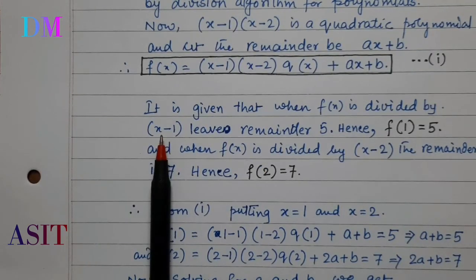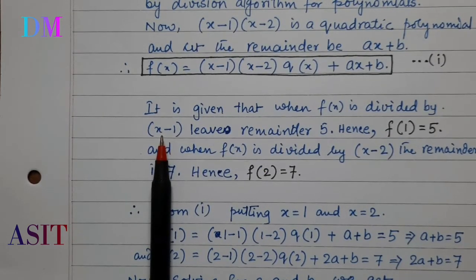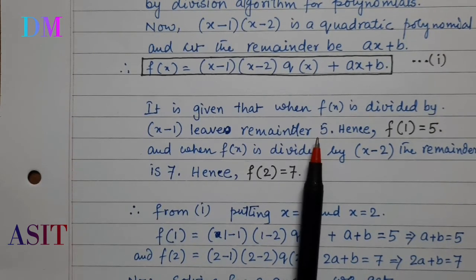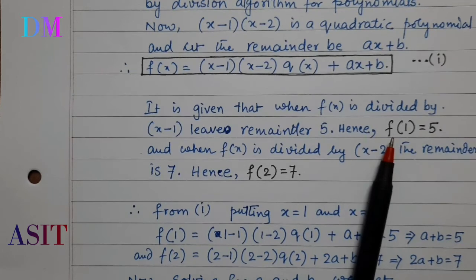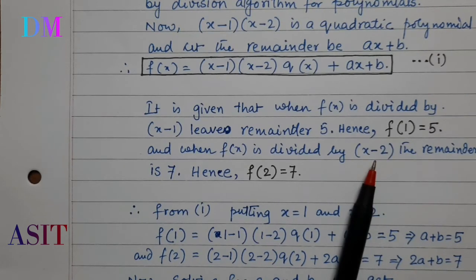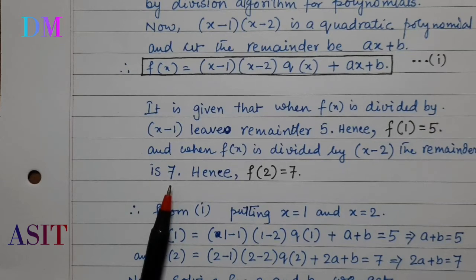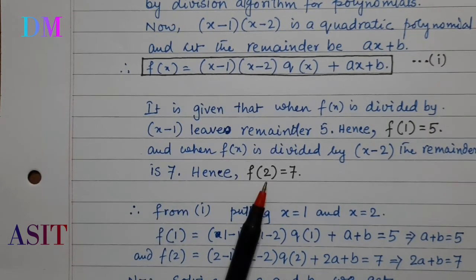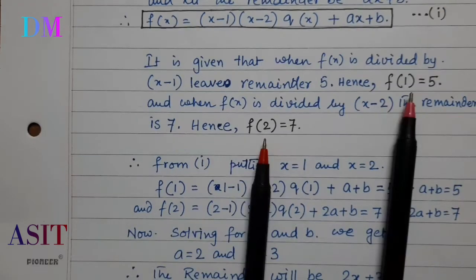Now it was also given that when f(x) is divided by x minus 1, the remainder is 5. Hence by using the remainder theorem f(1) equals 5. Similarly, when f(x) is divided by x minus 2, since the remainder is 7, by the remainder theorem f(2) equals 7.